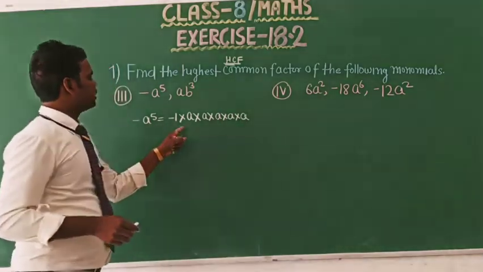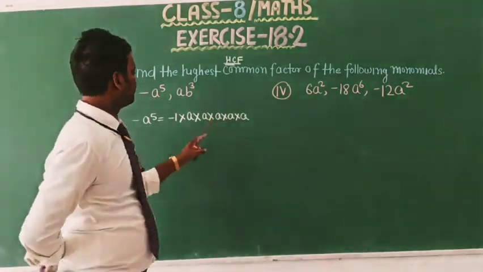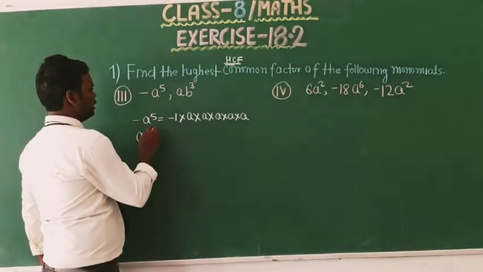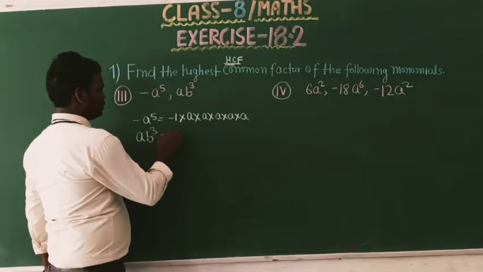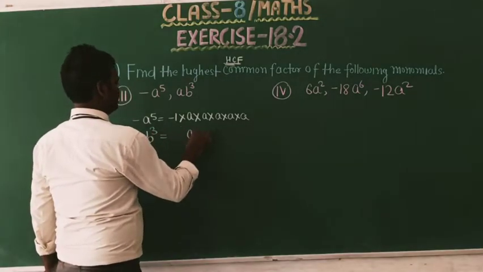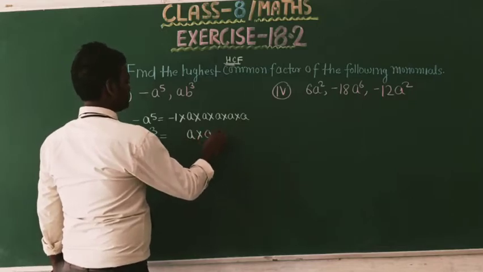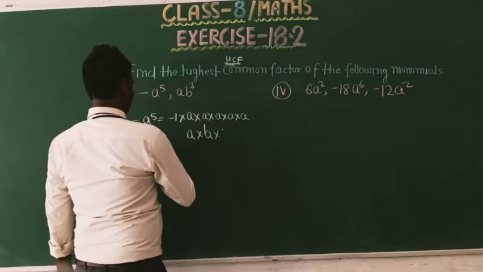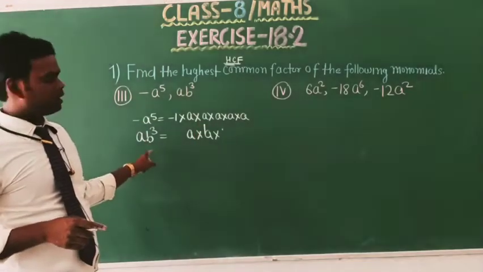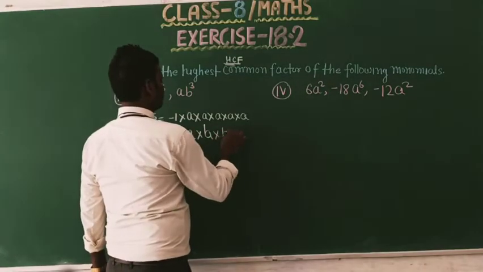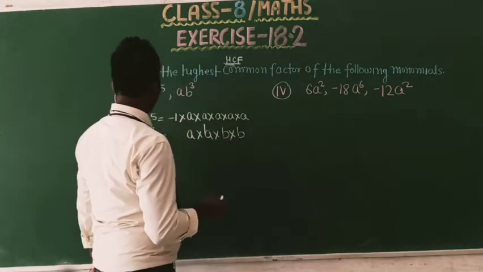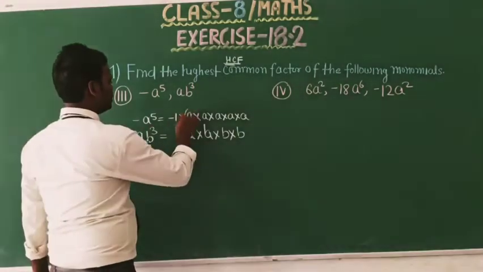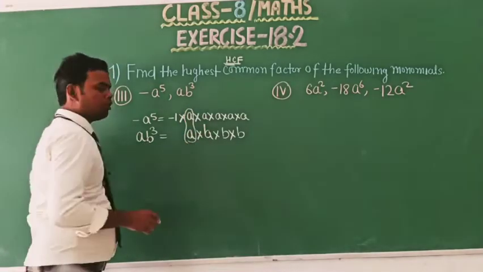The second expression, ab to the power 3, is written as a into b into b into b. So we have only a as a common factor.